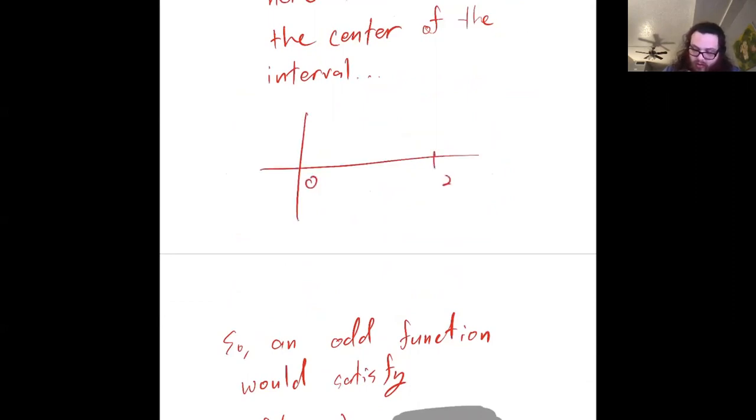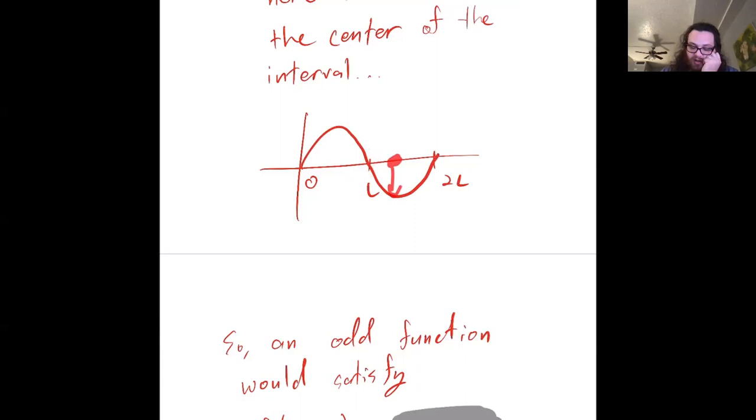So 0, 2L, this is L. So for example, if we take sine, we say this right here is our center. Well, if we look at a point over here, it's going to give us some function value.